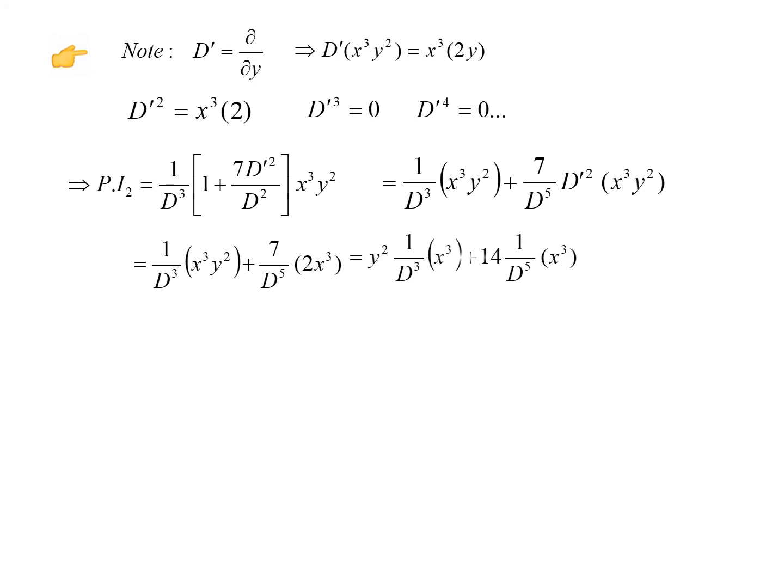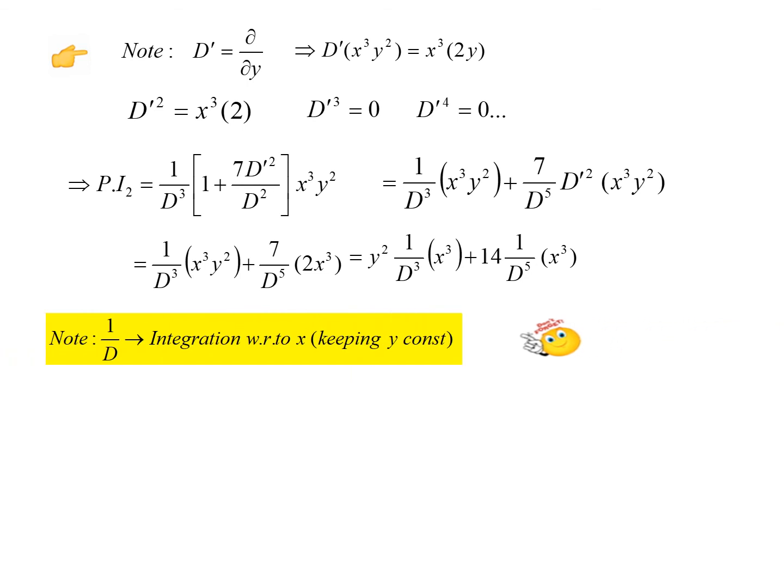Which is equal to, now taking the constant outside, in the first term y squared is going to be a constant. So I am taking that outside, 1 by d cube of x cube, because 1 by d will be integrating with respect to x, is it not? So here again taking that 2 outside, you have 14 1 by d power 5 x cube. Remember 1 by d means integrating with respect to x, keeping y constant.